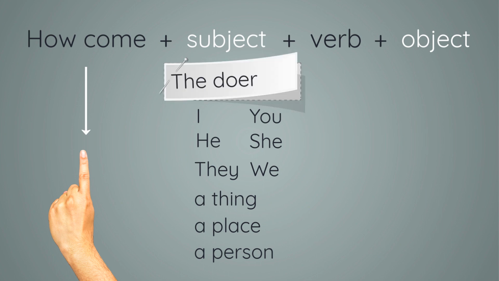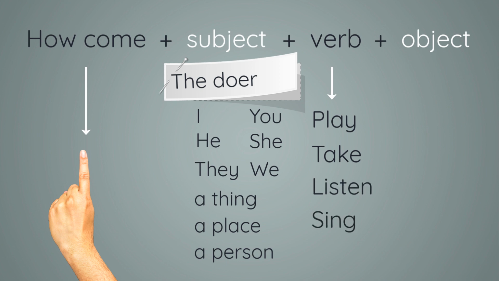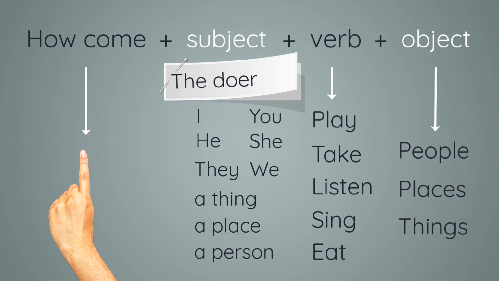But it's the doer of a sentence. Then we have the verb. So, for example, play, take, listen, sing, eat. These are all verbs. And then finally, we have an object, which comes after the verb in regular English sentences. And usually, those can be people, places, or things. So, these are the objects.